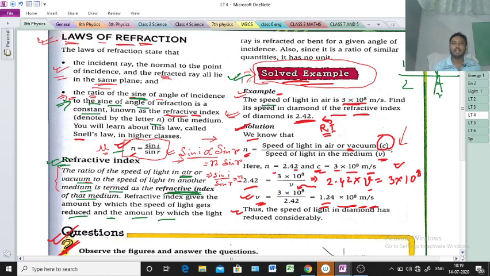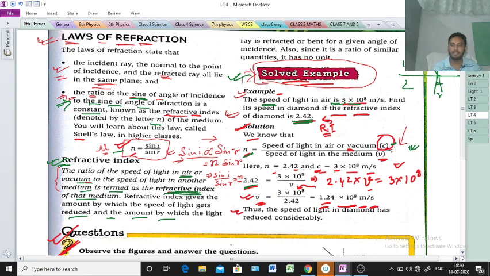The speed of light in air is 3 into 10 to the power 8 meter per second. And the refractive index of diamond is given, the value of n is 2.42.